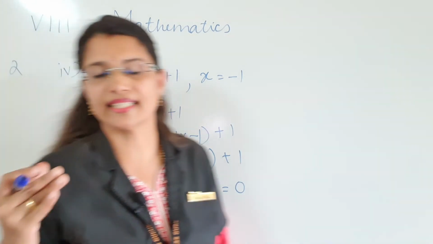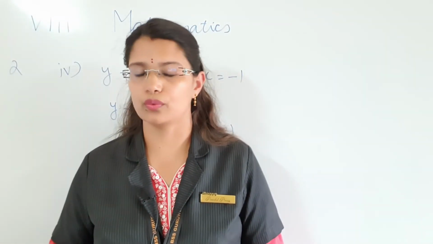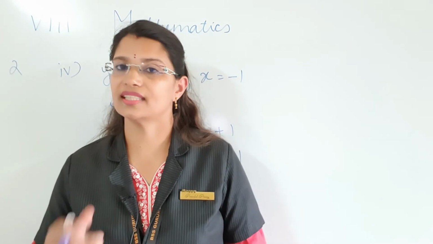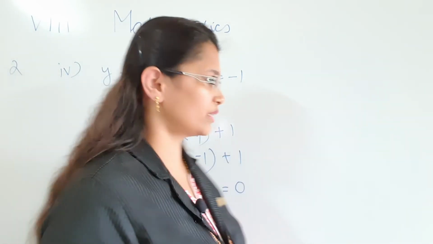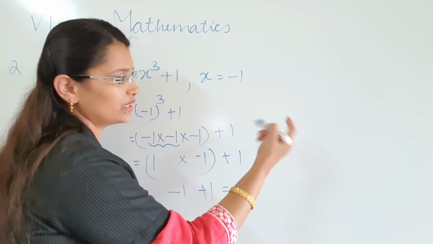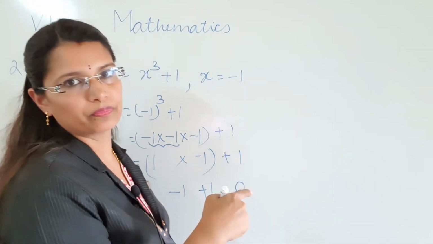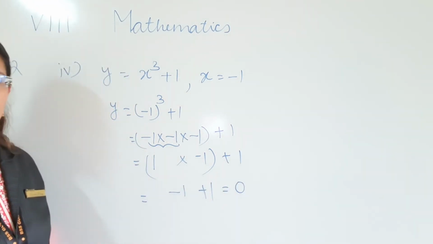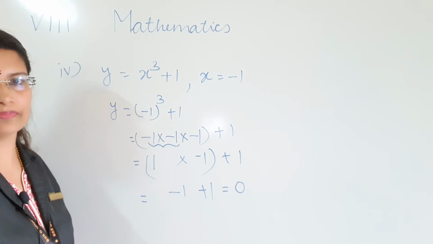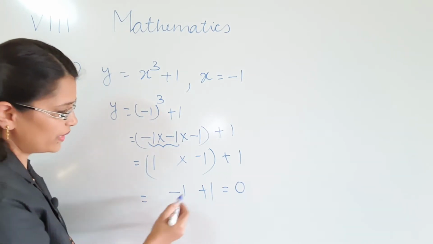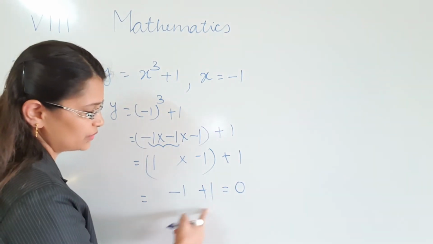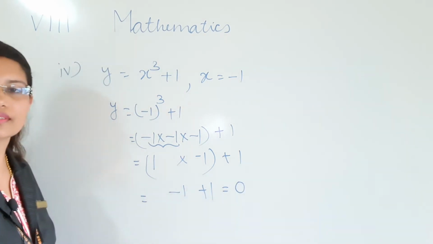For multiplication and division, another rule. For subtraction and addition, another rule. For multiplication and division, that is negative into negative, positive into positive, like that, those rules. Minus 1 plus 1, that is 1 minus 1 is equal to 0.